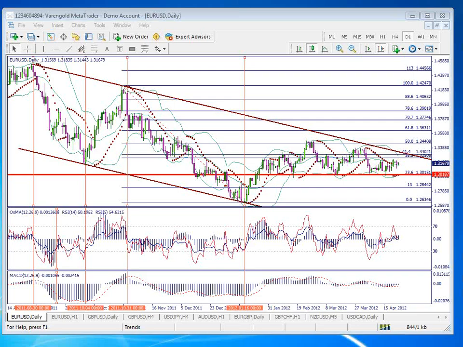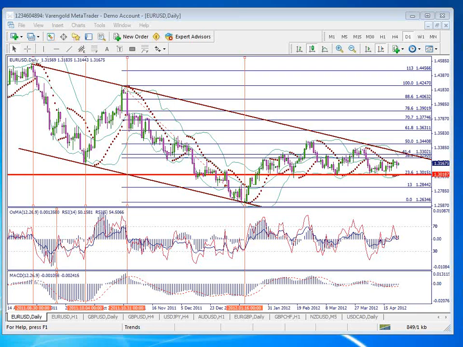Medium term trends mean trends that last for a few days maximum, and we can make the analysis on the 4 hour chart, and we look for signals for entry and exits on the 15 minutes, 30 minutes chart, 1 hour chart. Something like this is a medium term trend.